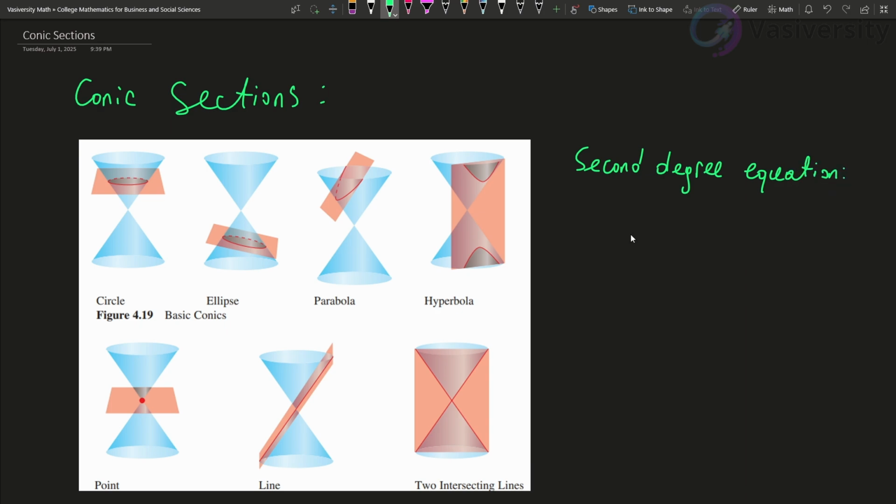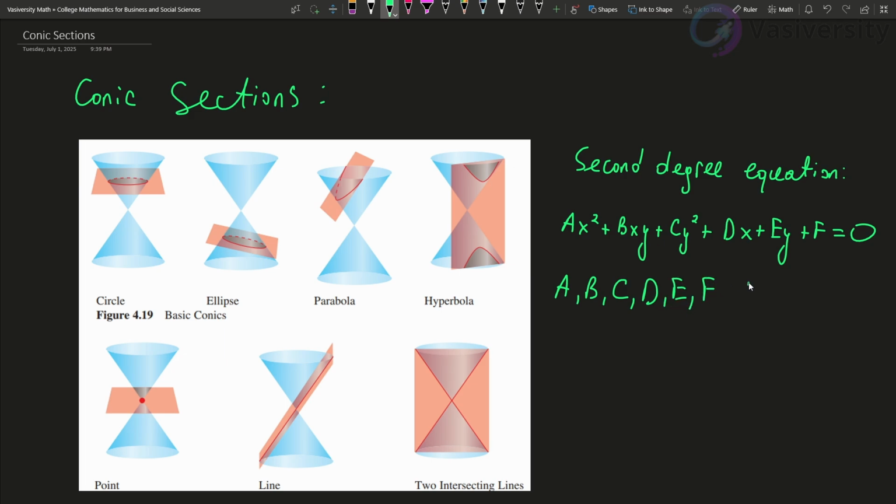Okay, so let's say we have ax squared plus bxy plus cy squared plus dx plus ey plus f is equal to 0. Right, so here a, b, c, d, e, f are real numbers.